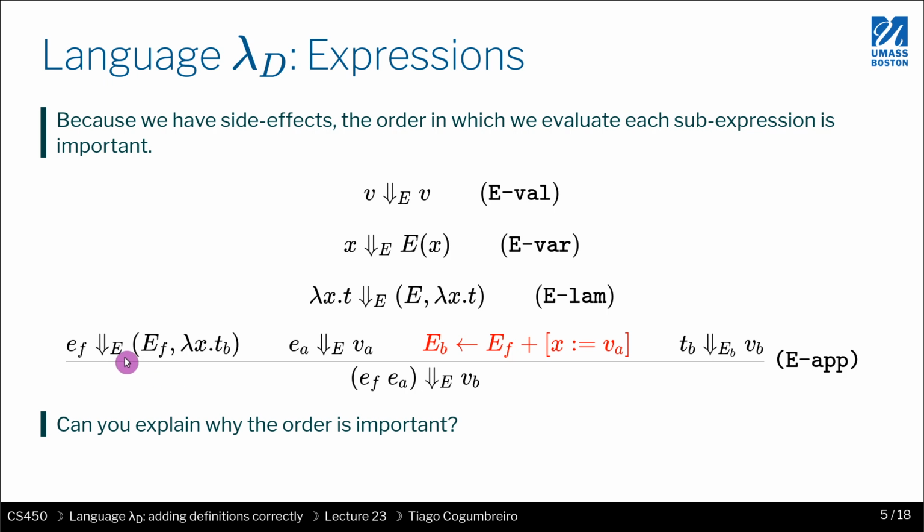So you want to first execute E of F, and you want to be able to assign this value here, but this E of F could be the outside scope, could be equal to this E. If you flip the order of these two, then the execution of this variable might not have been available here.